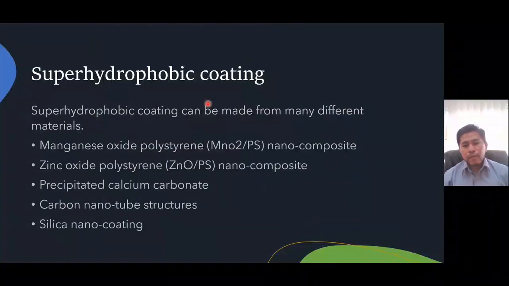And as we can see, a super hydrophobic coating has many applications in various industries. For example, in anti-fog coating, we can also use it for antifreeze surfaces, oil and water separation, to create antibacterial surfaces, and also we can apply a super hydrophobic coating in medical applications.